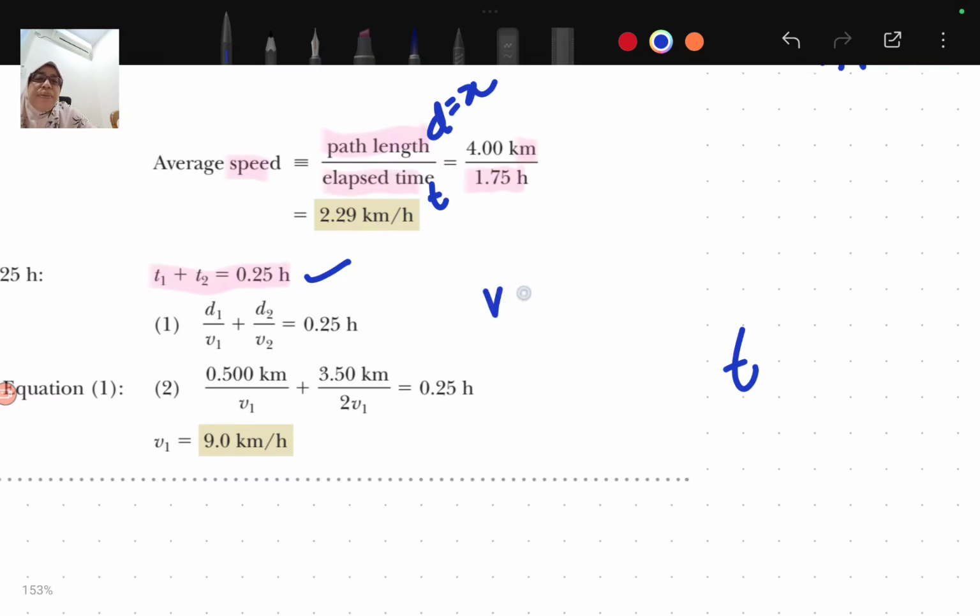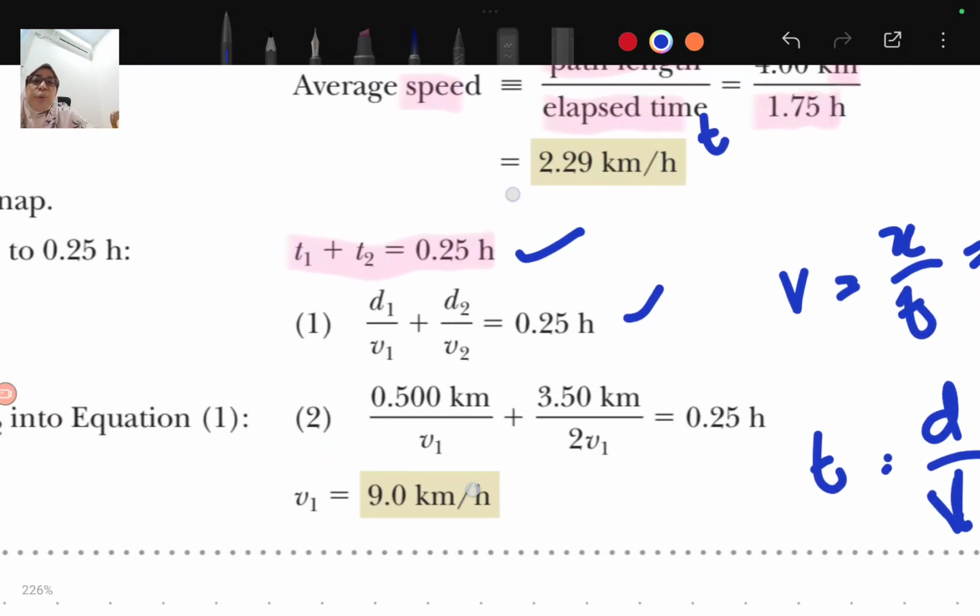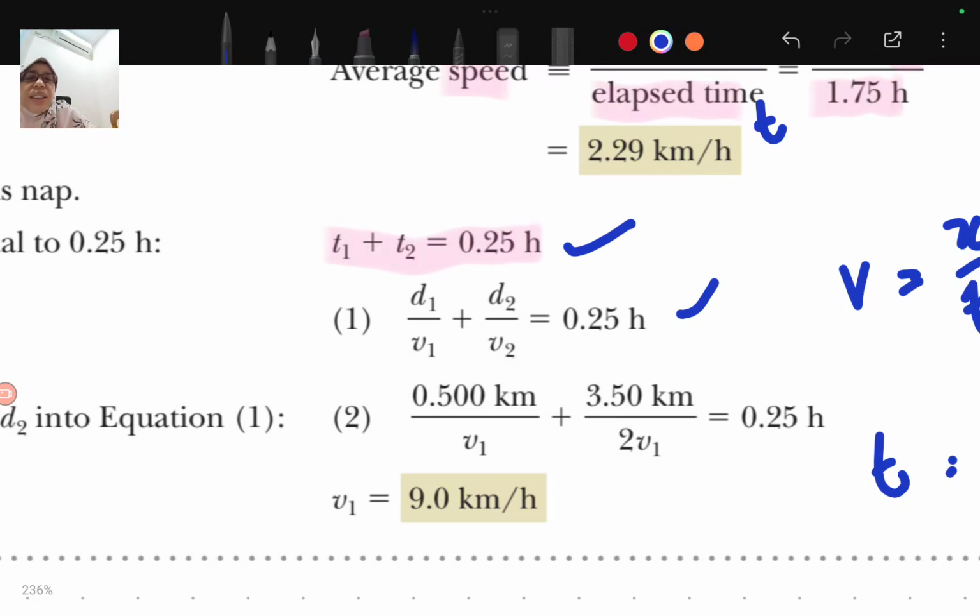V becomes x over t, or d over t, and therefore t becomes d over v. Okay? We have to understand this is the time before sleep, T1, while T2 represents the time after he is sleeping.